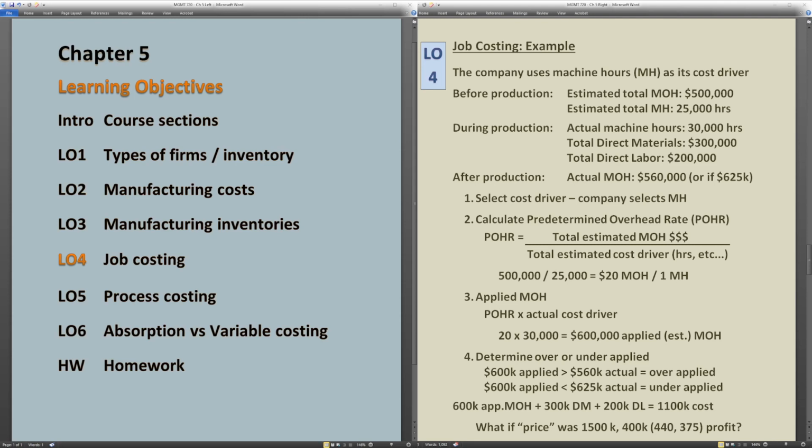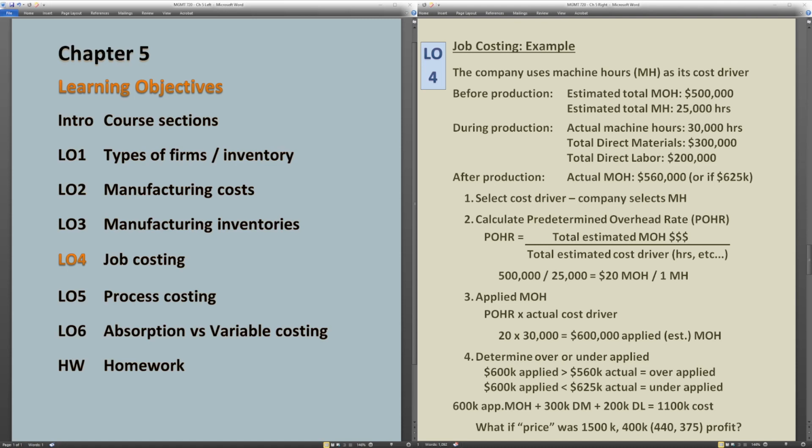If it was 600,000 as my estimate, but we actually had 625, well, you can see where my costs were actually more than I thought. So I thought it was 1.1 million and it was a little bit more. It was 25,000 more. And if I charged 1.5 million with the idea I wanted to make 400,000, I would have found, if we look at that second number in parentheses, that I actually only made 375,000.